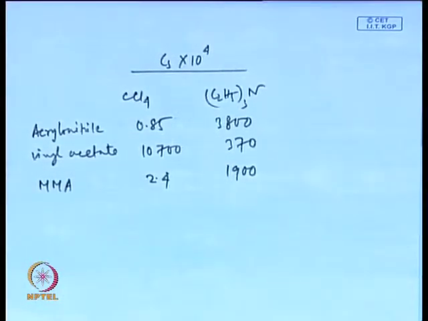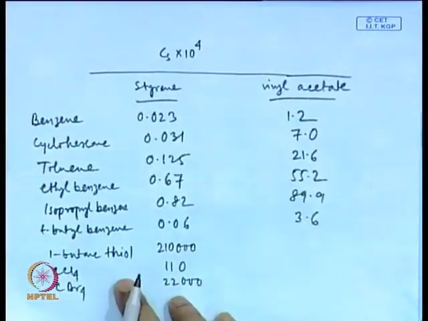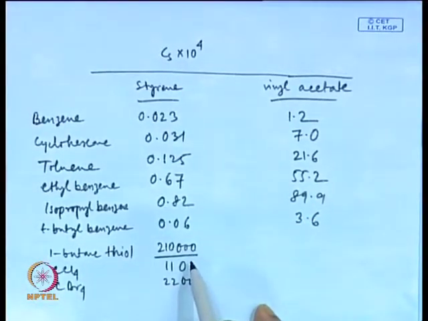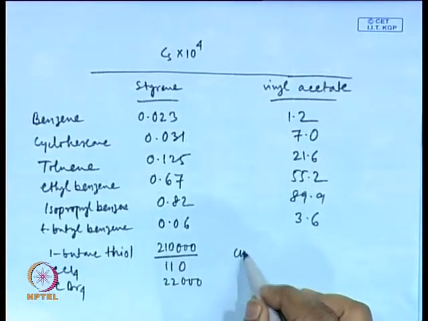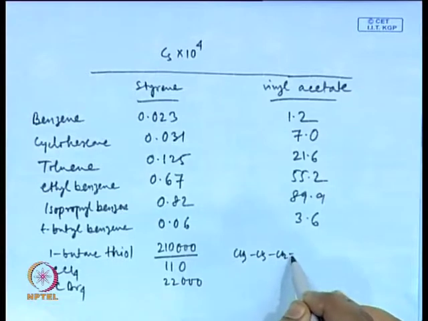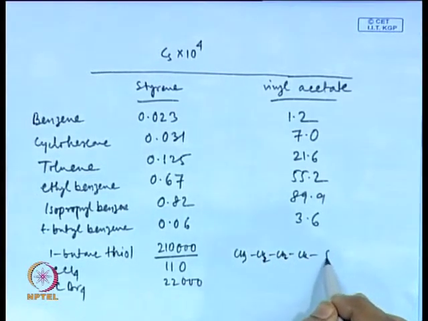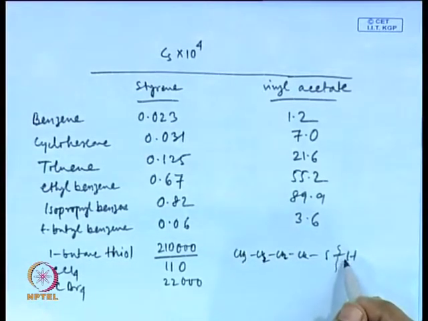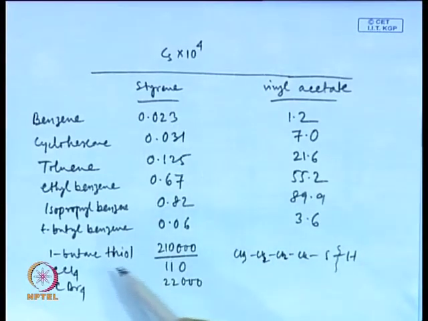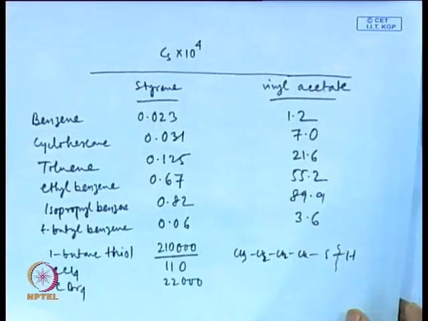For example, if I look at the values for 1-butane thiol, this number is very high, because in this case this is a very weak bond. So, this hydrogen can be very easily abstracted by the propagating radical. So, by using this type of chain transfer thiols or dithiol compounds, you can reduce or control your molecular weight as per your choice or target.